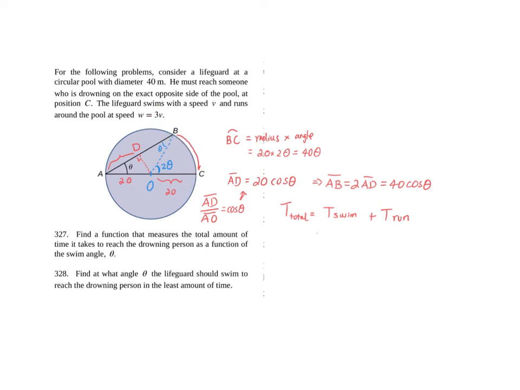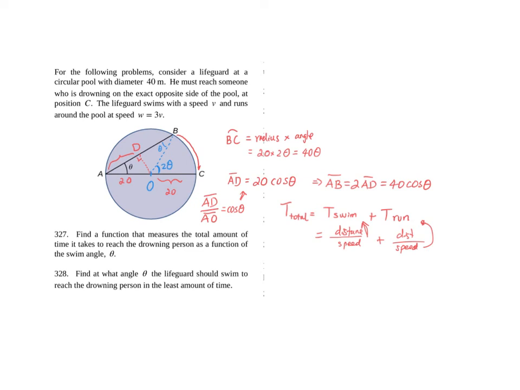So that's my hint. You should be able to use the distance divided by speed for the swim, plus another distance divided by speed for the running. Okay, so that's my hint. I hope that you should be able to set up this function in terms of theta, because you do have the lengths of those two portions, arc BC and length of AB.